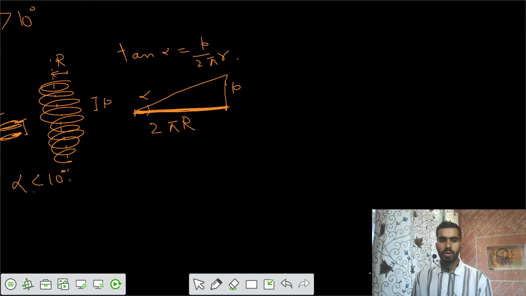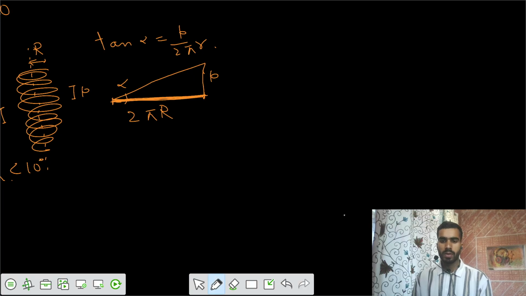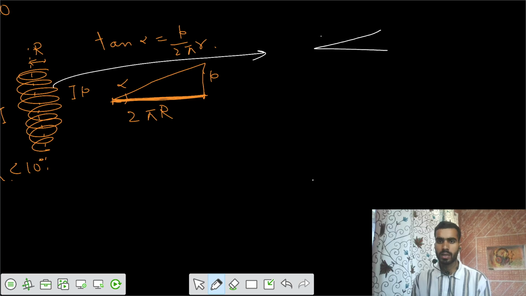So then we say that based on this, you apply some load on this closed spring. When you apply some load, we show this spring in this fashion.